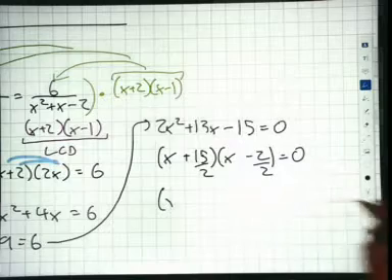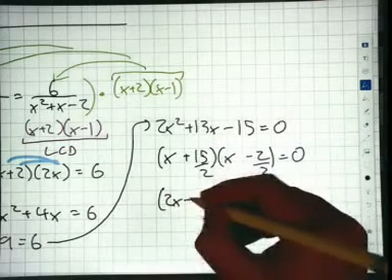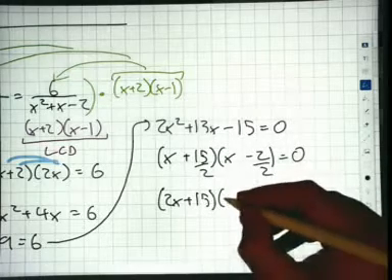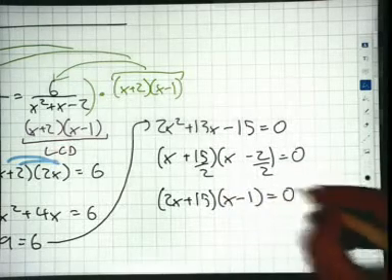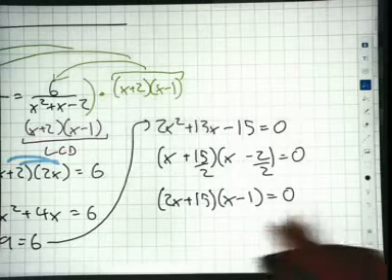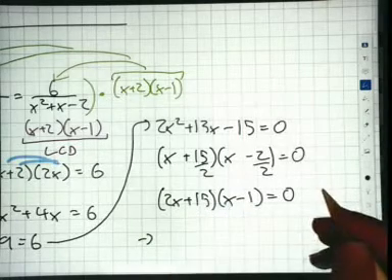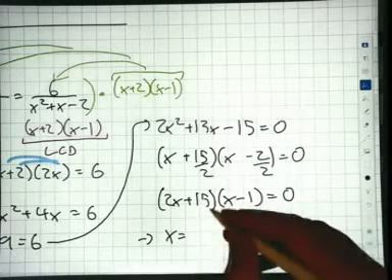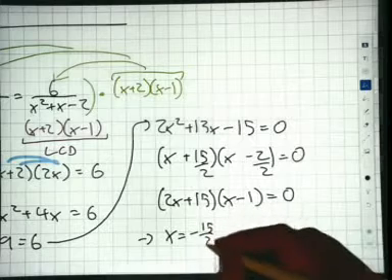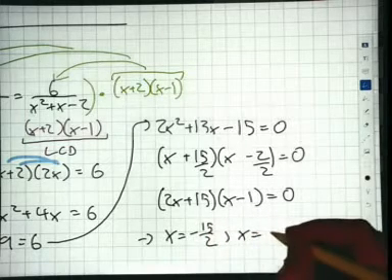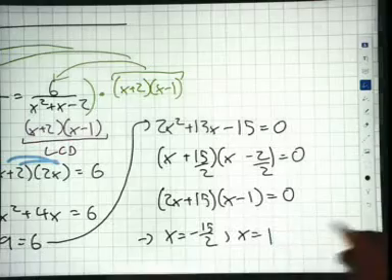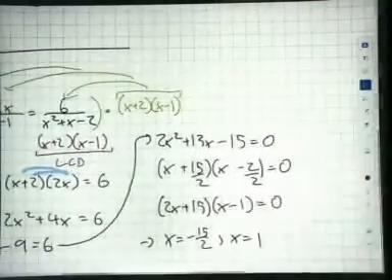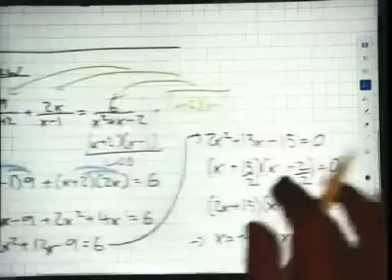Let's see, that means we get 2x plus 15 times an x minus 1 equals 0, which then if I set each factor equal to 0 and solve, we get x is equal to negative 15 over 2, and then x is equal to, add 1 to both sides, x is equal to 1.